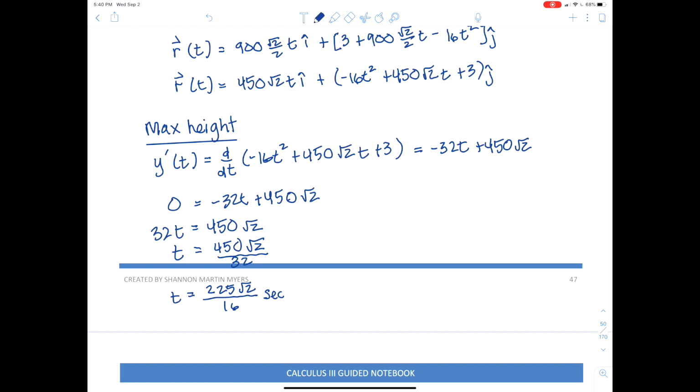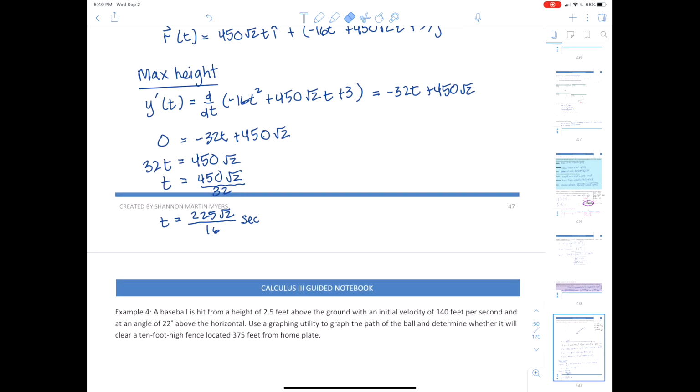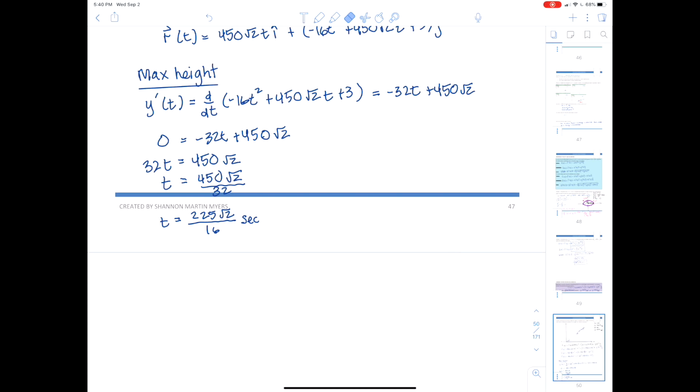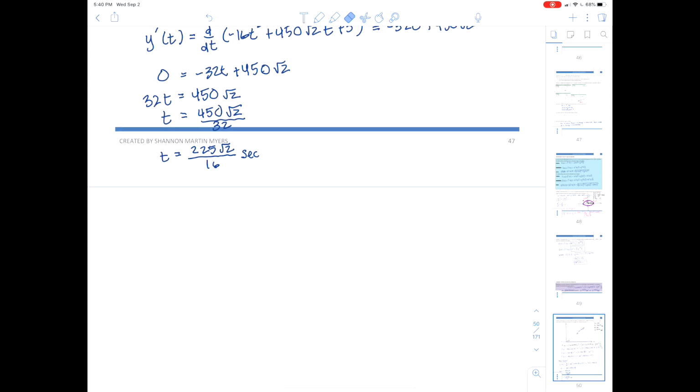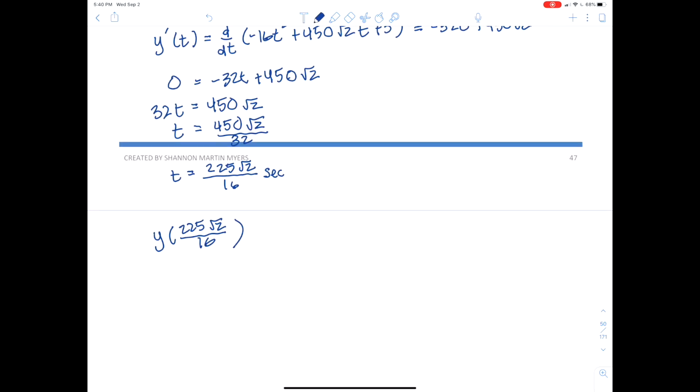So we need to evaluate y at 225 root 2 over 16 to find what that maximum height is. We found the time when it happens, but not what the height was yet. So let's figure it out.